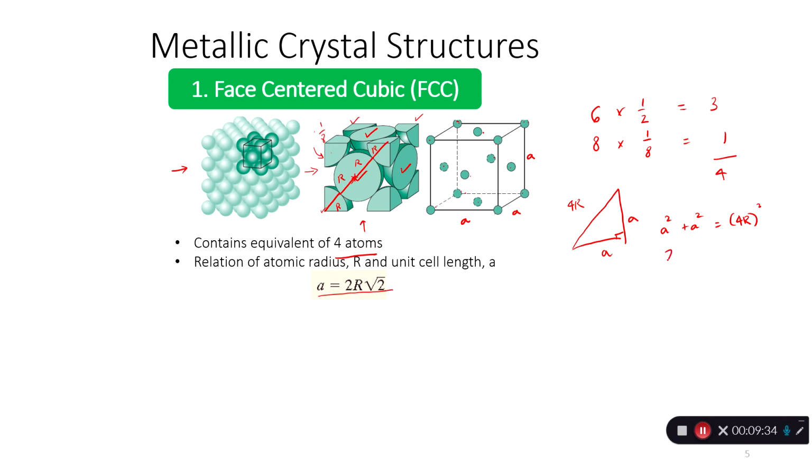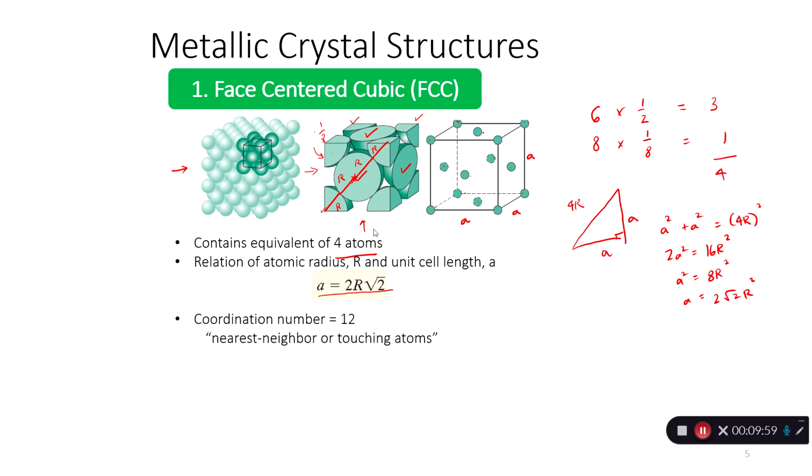So that's 2A squared equals 16r squared, A squared equals 8r squared. Therefore, A equals 2 square root 2 r. So we get this, same as this.